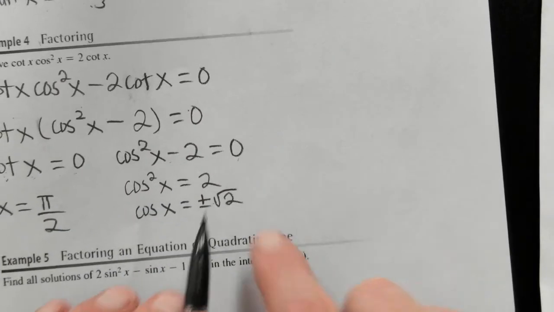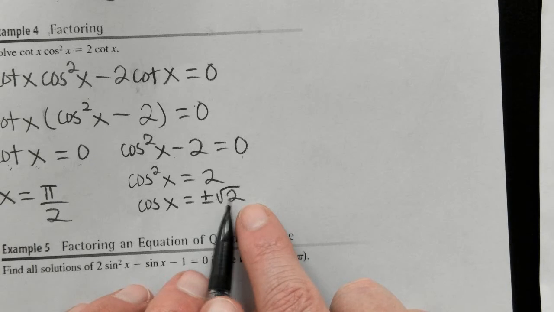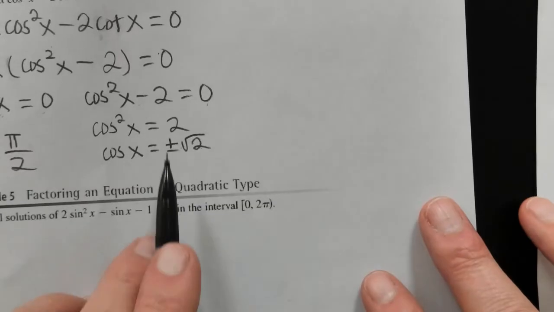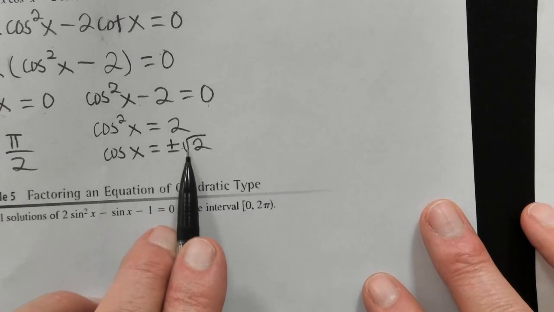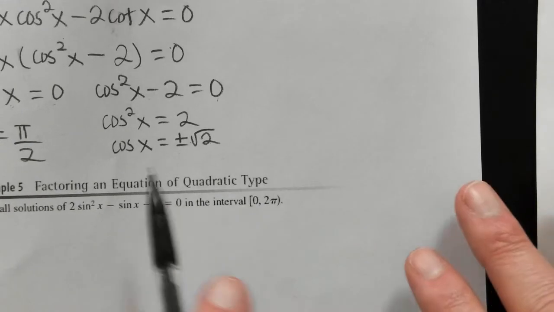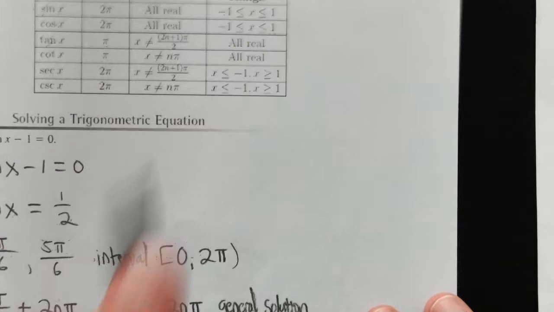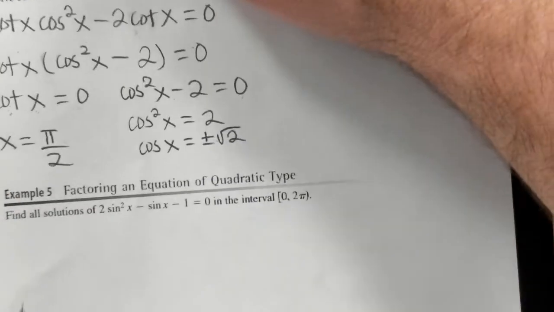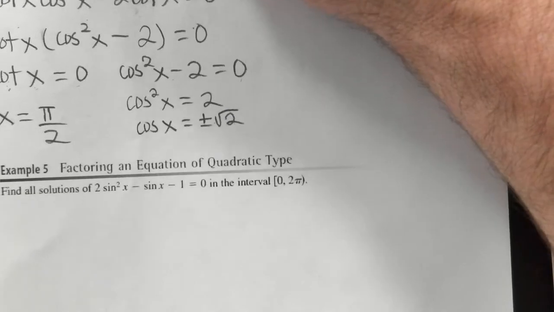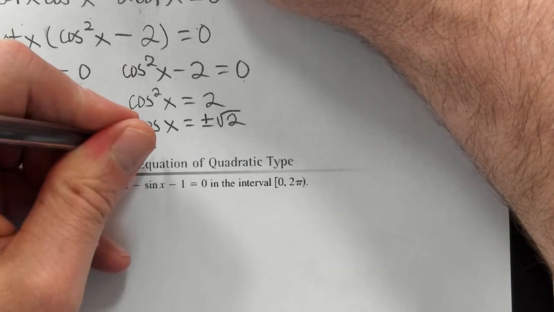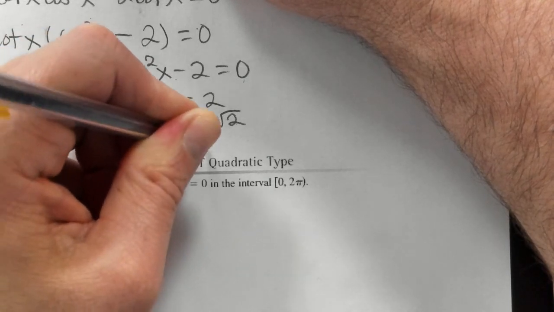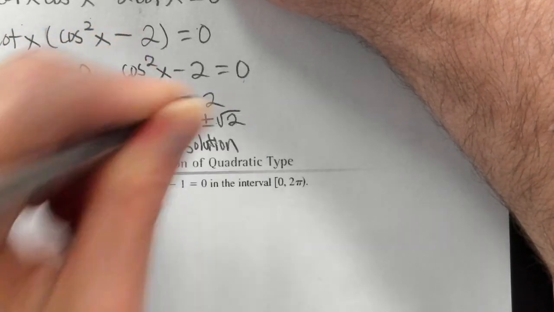Since that's the case, the square root of 2 is 1.4 something. So notice that positive 1.41 and negative 1.41 are both outside of the range, which means we can utilize what I've been telling you to check every time, and we know that this equation has no solution. Why is there no solution?